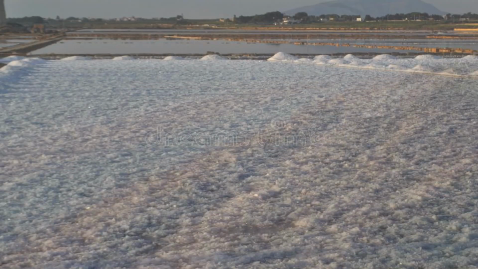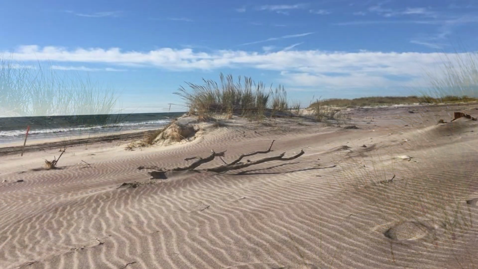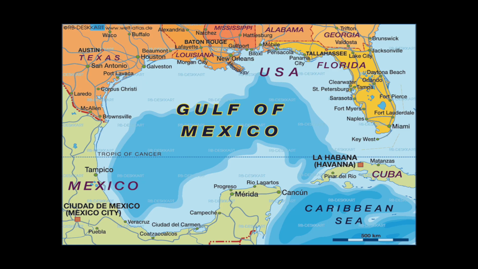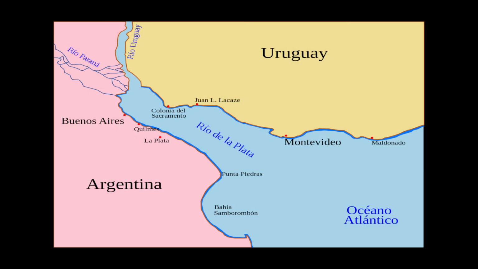Offshore bars, saline flats, spits, sand dunes and sandy coast continue to form in the shallow water. Other examples of the emerged lowland coast are the northern shores of the Gulf of Mexico and the southern shores of Rio de la Plata in Argentina.